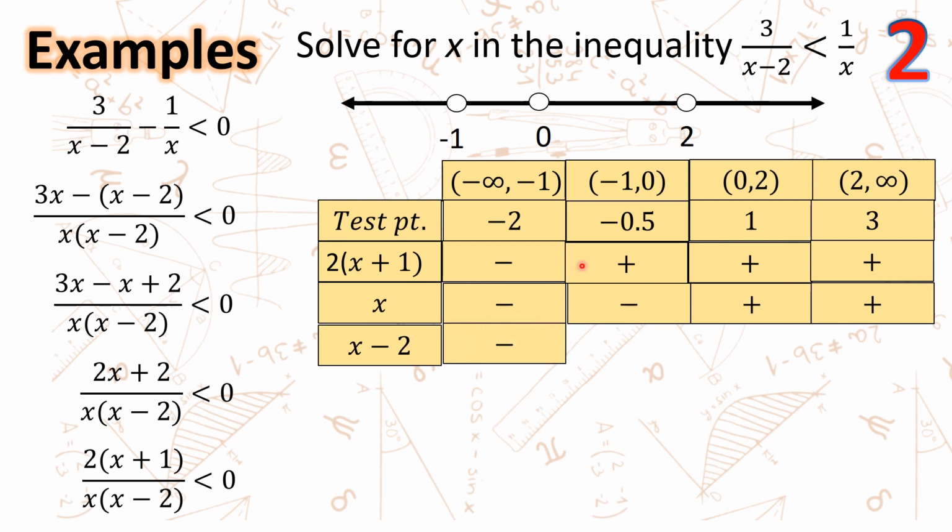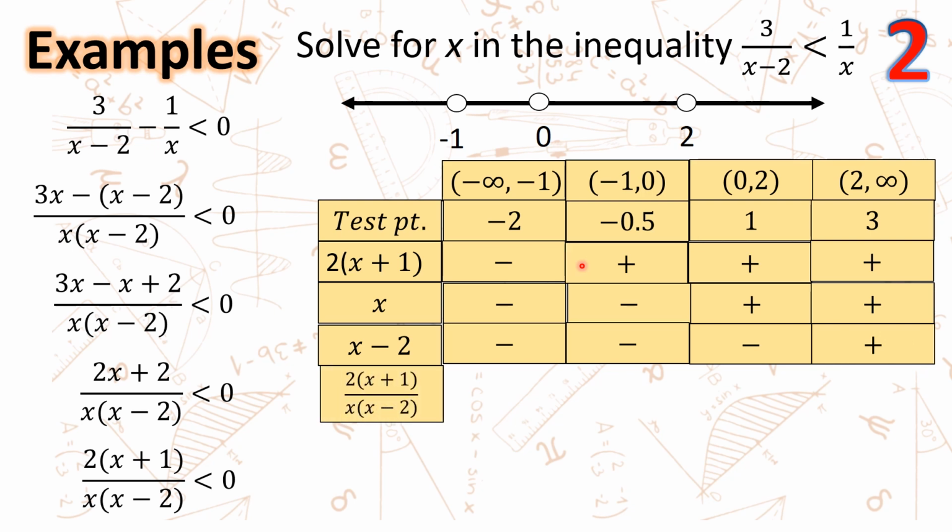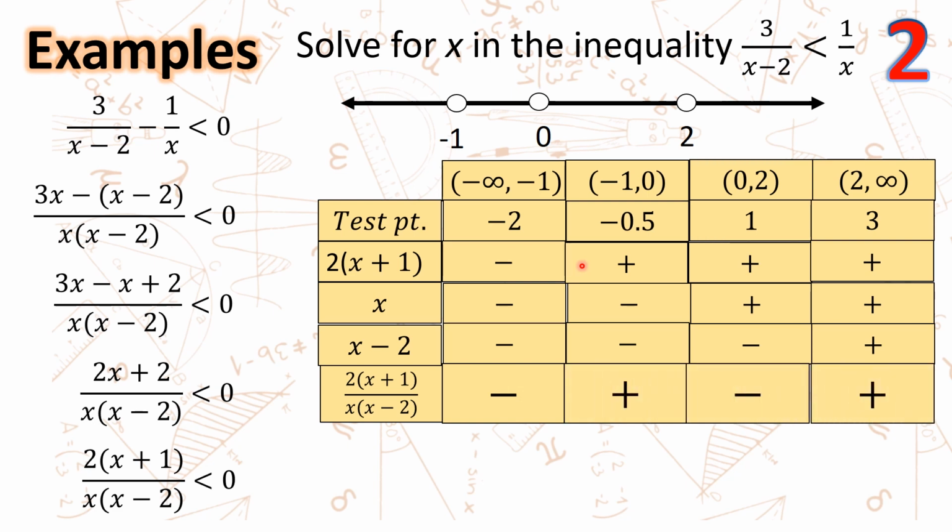And at interval -1 to 0, x minus 2 is negative. At interval 0 to 2, x minus 2 is negative. And at interval 2 to positive infinity, using test point 3, x minus 2 is positive. Then our rational expression will have the signs negative, positive, negative, positive.